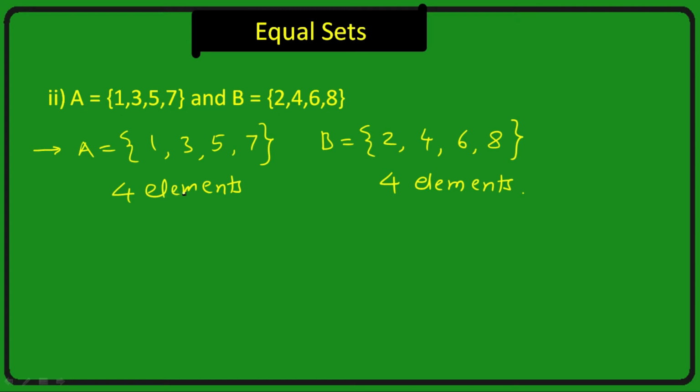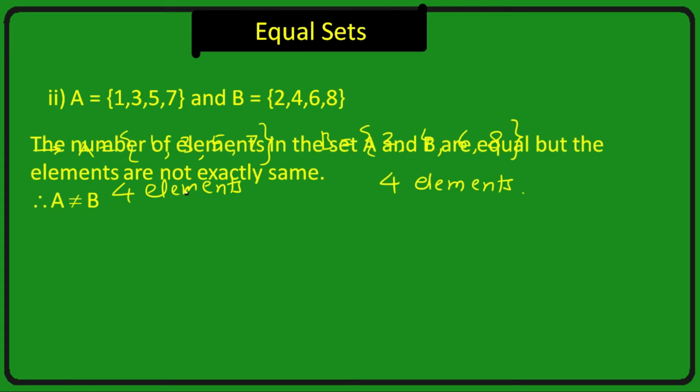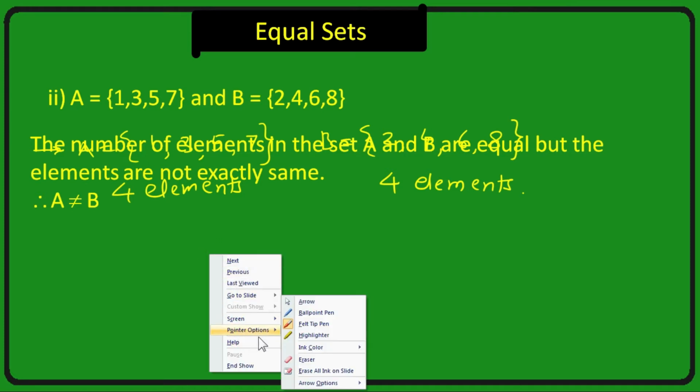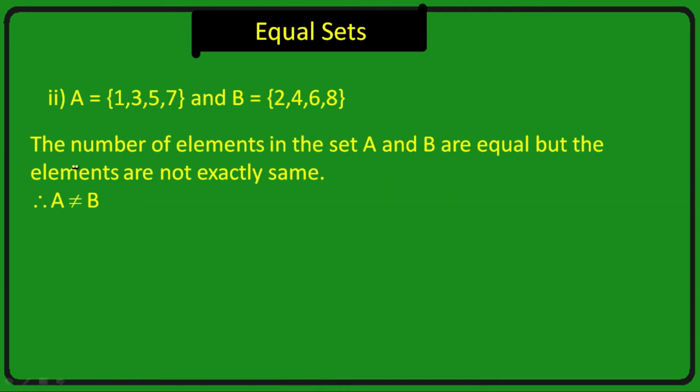Hence, sets A and B are not equal sets. So, in this way, we can understand the definition of the equal set.